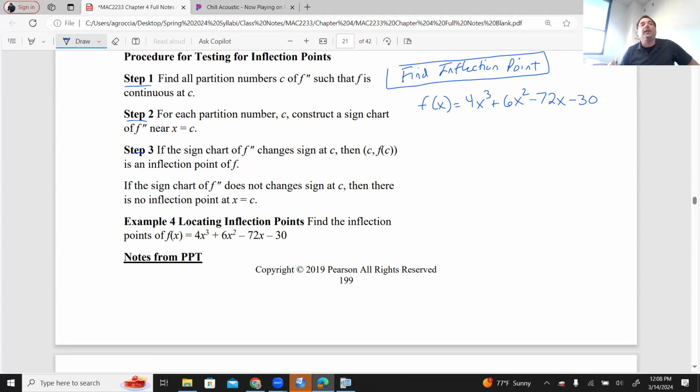Once you find x, plug it back into the original, find y, and then here's the bonus part. Make a graph of this, and verify that it is an inflection point. Verify it is a location where it changes from concave up to concave down or vice versa.